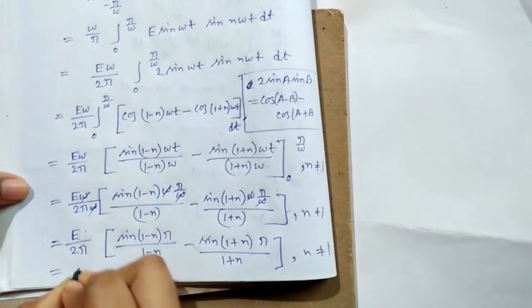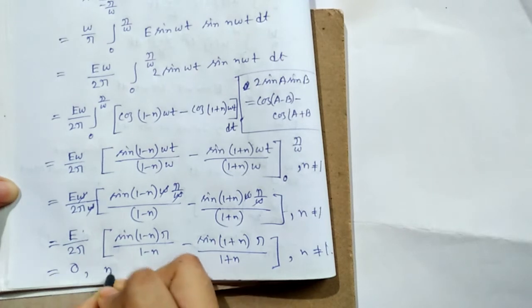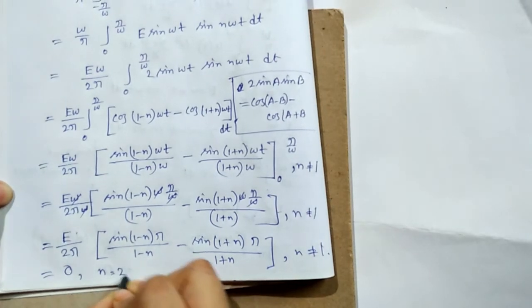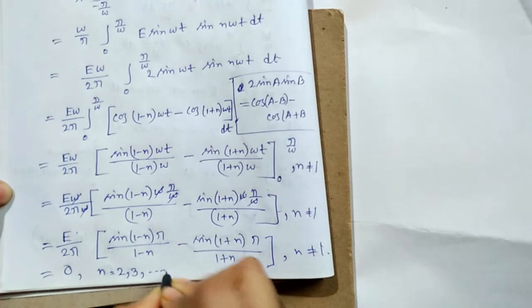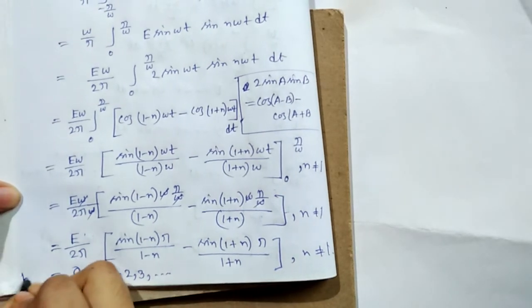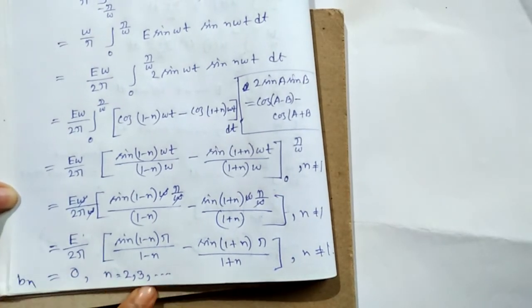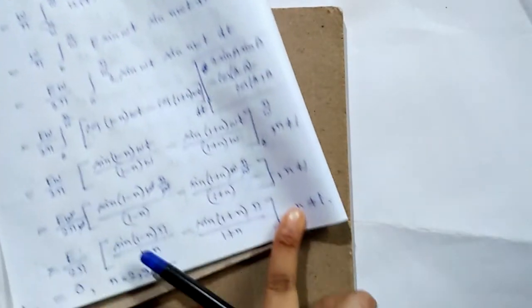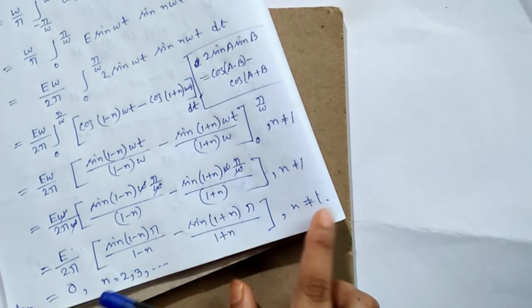So this is equal to 0 for n equal to 2, 3, and so on. So bn equal to 0. And as we write this n not equal to 1, we have to calculate b1 separately.